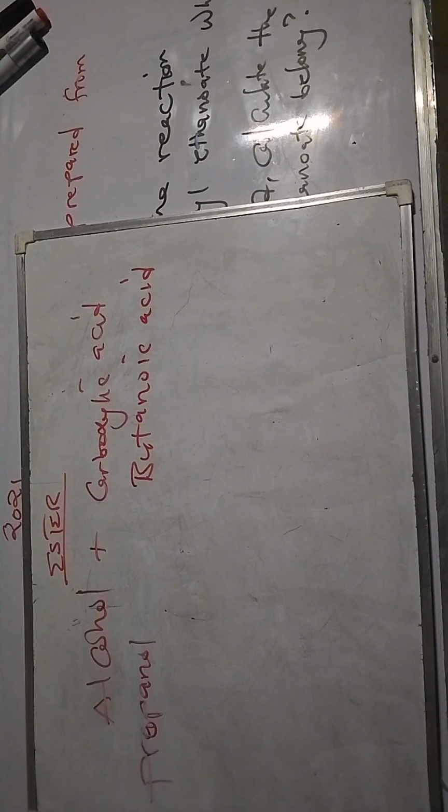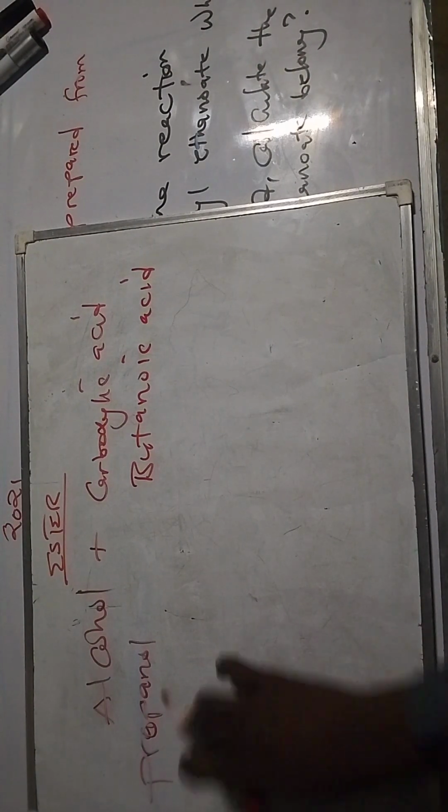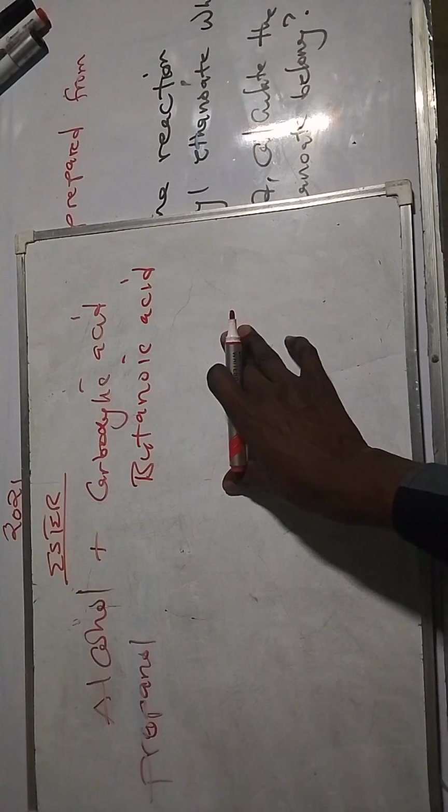If you want to form an ester, the name of the ester will come from these two reactants. So this alcohol and this acid will form the ester name.